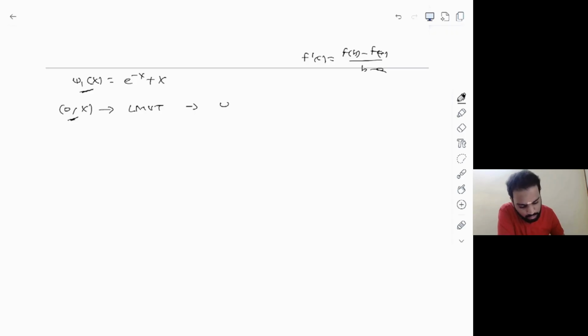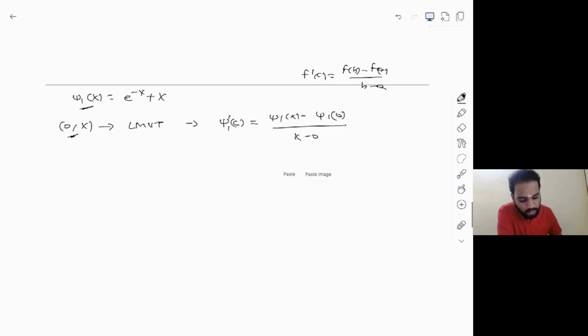If I do that, I will get psi 1 dash of c is equal to psi 1 of x minus psi 1 of 0 divided by x minus 0. So I will need this psi 1 dash of c. Let me differentiate: psi 1 dash of x is equal to 1 minus e power minus x.